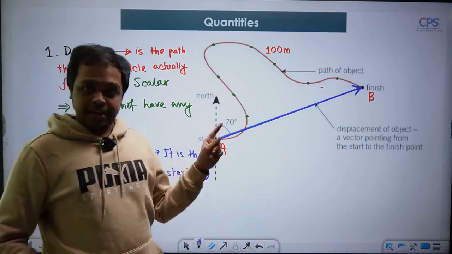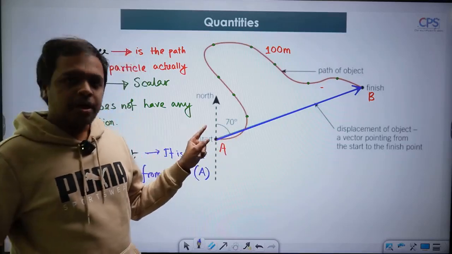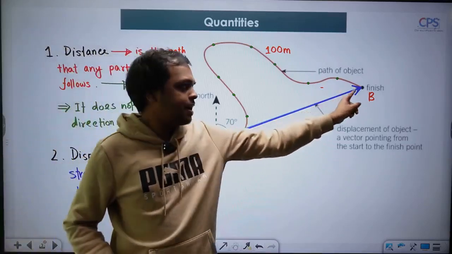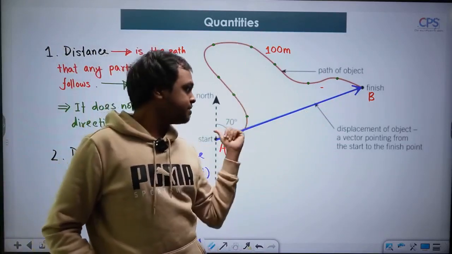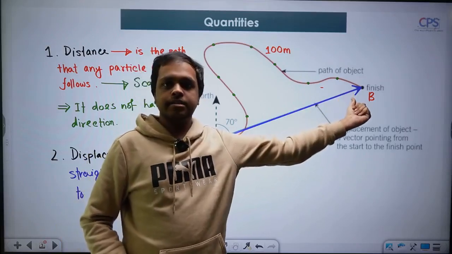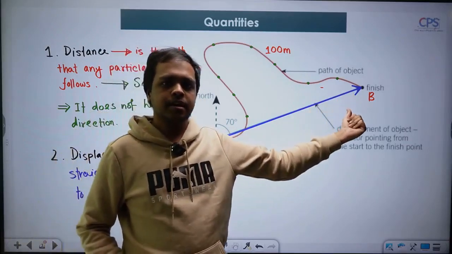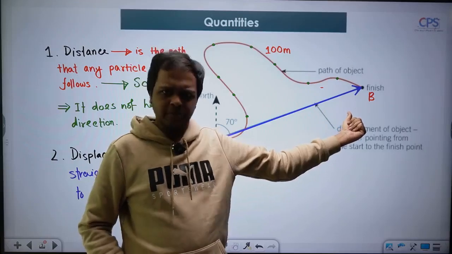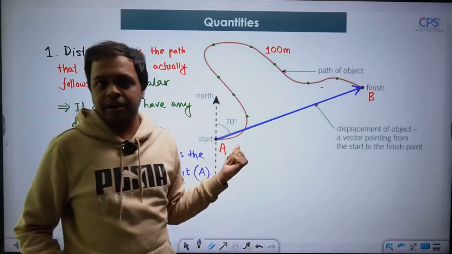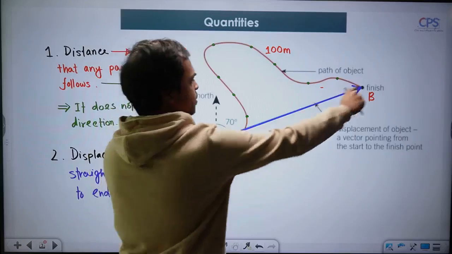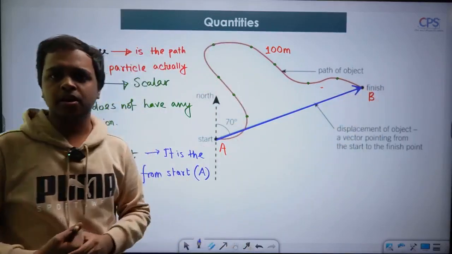So, see, point number 1, this displacement is straight, and also this displacement should have a value, right? It can have a value. Just put a scale here and it will have a value. Why not?